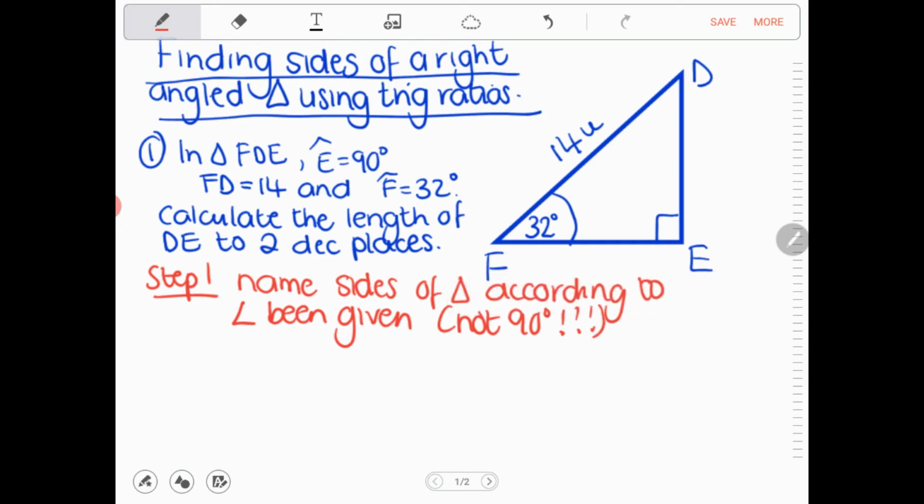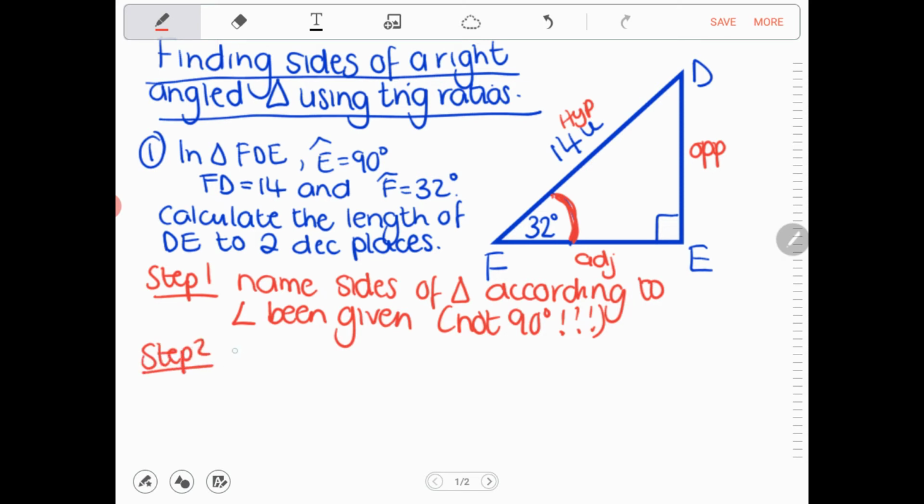So we've been given the 32 degrees. So in this triangle, this would be the hypotenuse because it's opposite the right angle. For the 32 degrees that we've been given, this is the adjacent side. And then obviously the side DE would be the opposite. So that's the first thing we do.